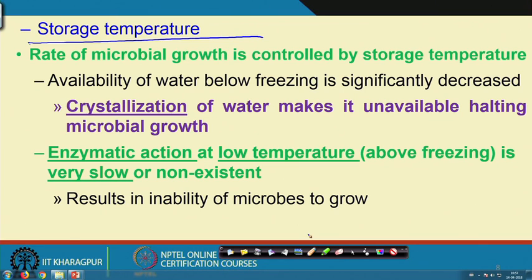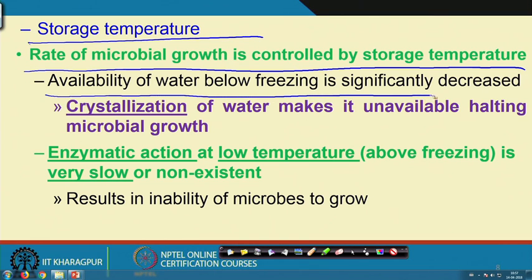Then the rate of microbial growth is controlled by storage temperature, there is no ambiguity in that. Availability of water below the freezing point is significantly decreased, right. If you freeze a food material, that is, below its freezing point, then the water which was in the food material is no longer water, it is converted into ice.